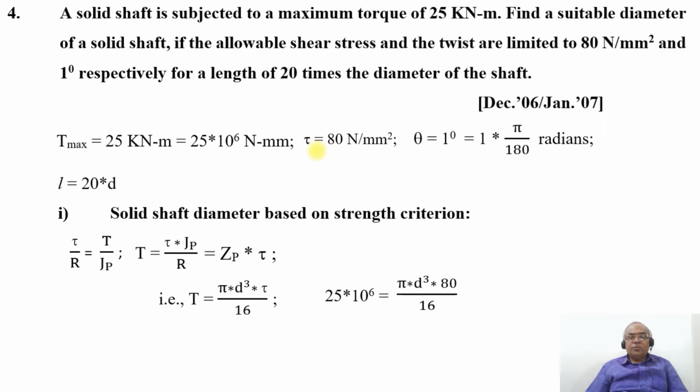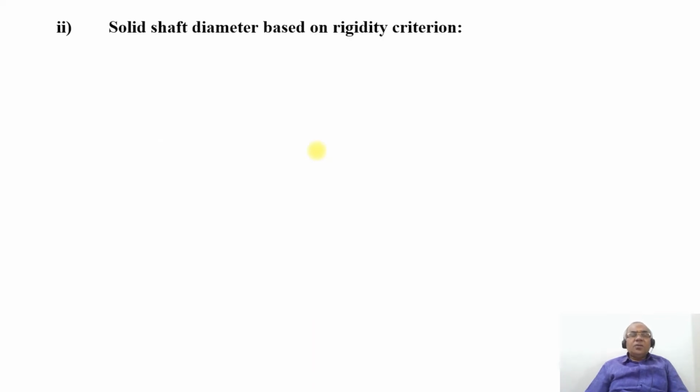So pi into d cube into 80 by 16. Therefore, the diameter of the solid shaft calculated from the strength criterion is 116.75 mm.